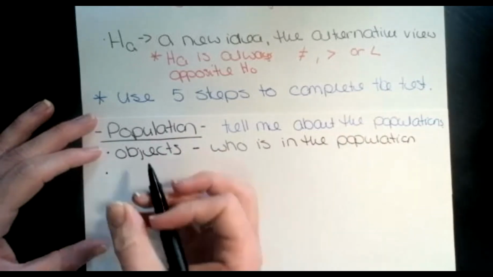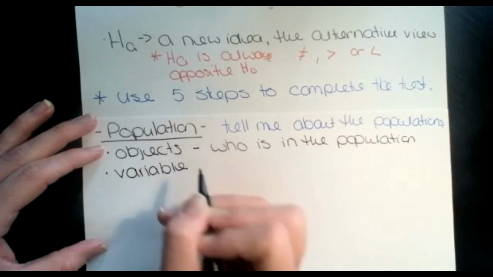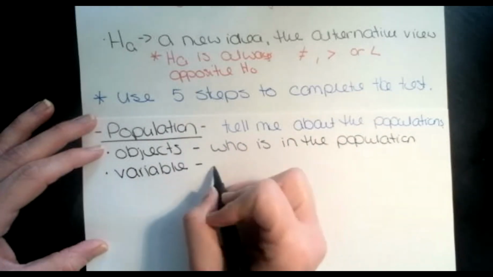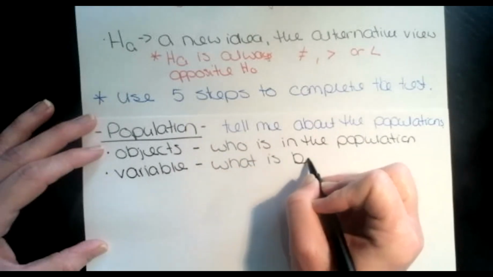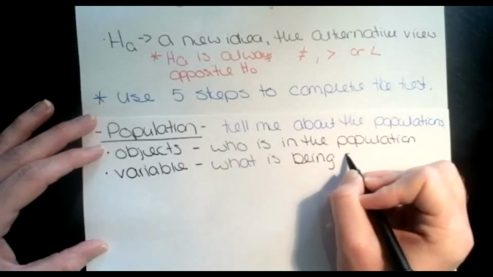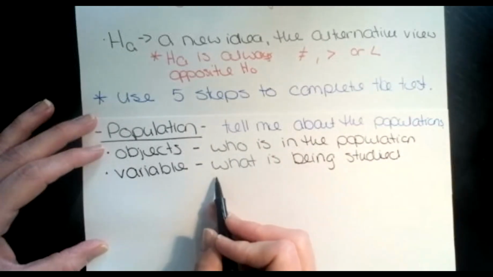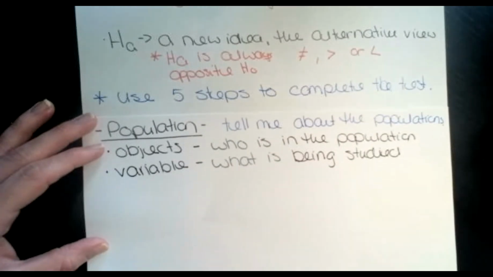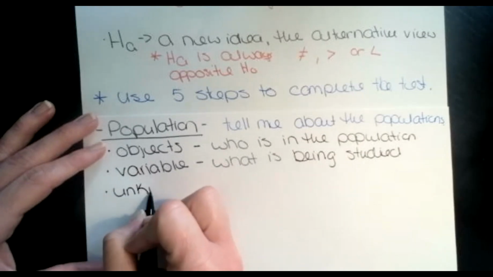Then the next thing is the variable. This is like the what is being studied. Remember, this is what's changing from individual to individual, the variable. Then we want to state the unknown.